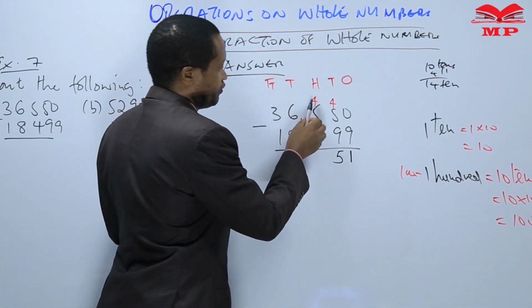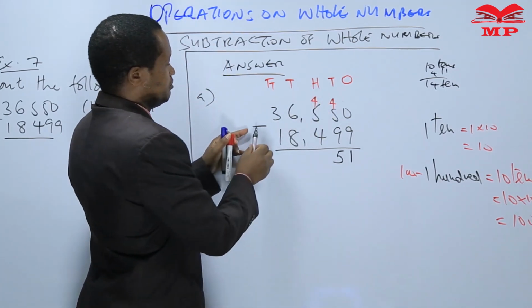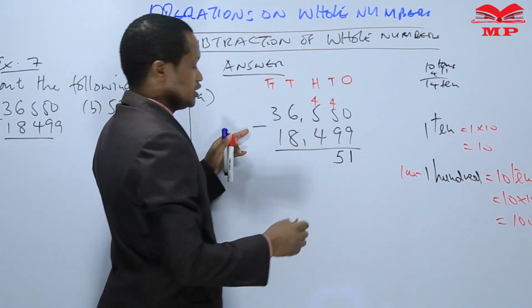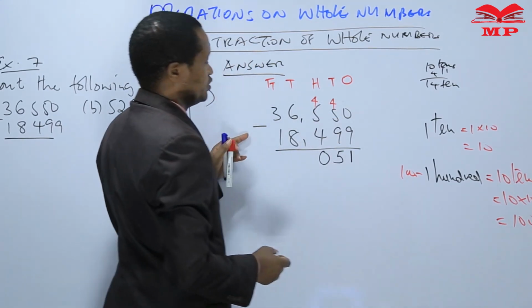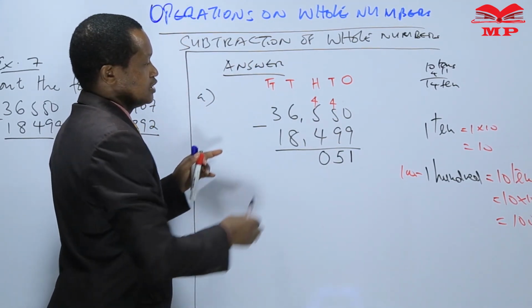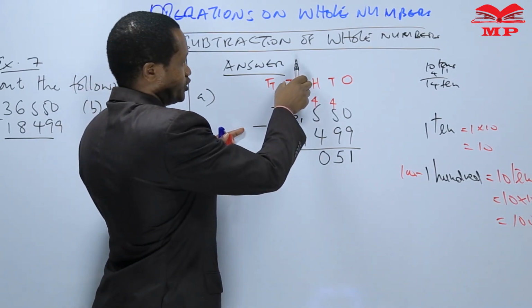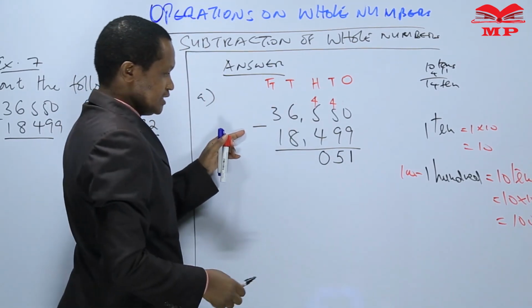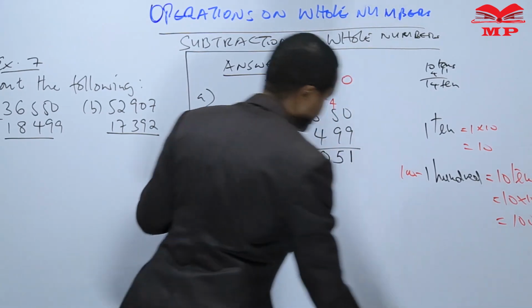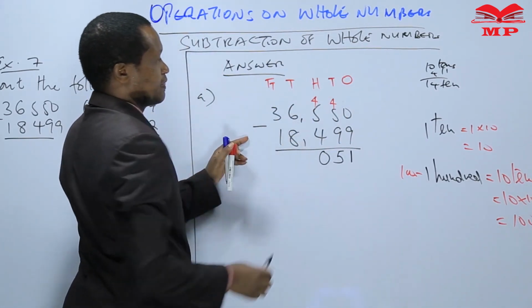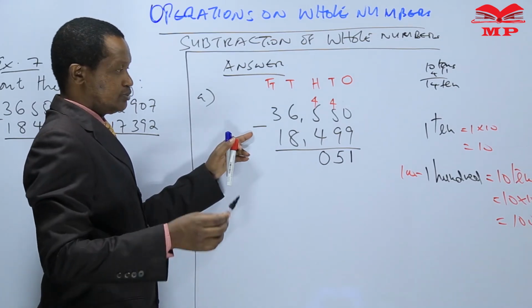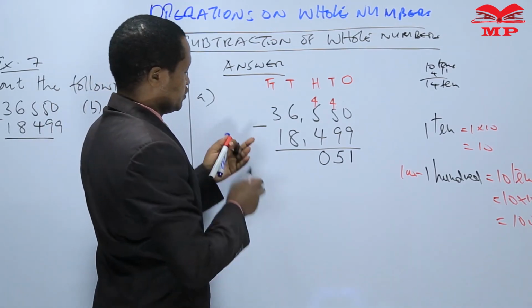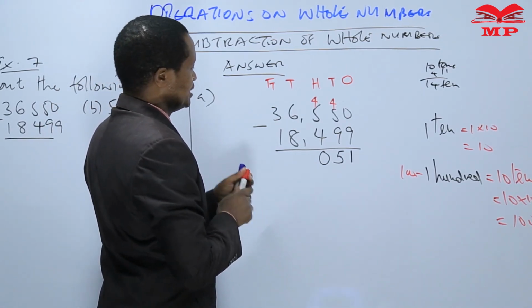We have 4 hundreds minus 4 hundreds, which is equal to 0. Then we subtract the thousands. 6 thousands minus 8 thousands. It's not possible.